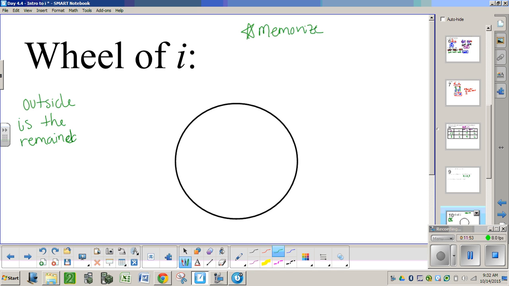All right, remainder. So all around the outside is the remainder. Remember I told you it could reduce to 0, 1, 2, or 3. On the inside is what it simplifies to. Remember I said it could simplify to 1, i, negative 1, or negative i. So inside is the simplification.